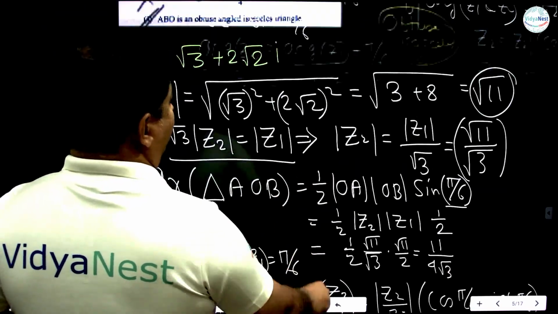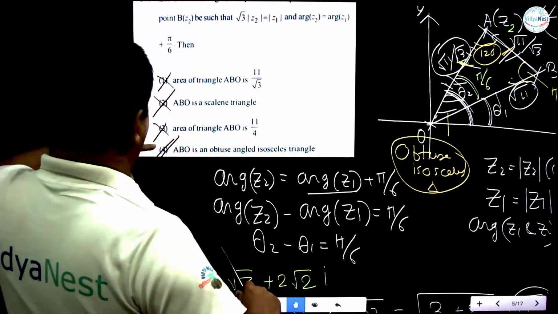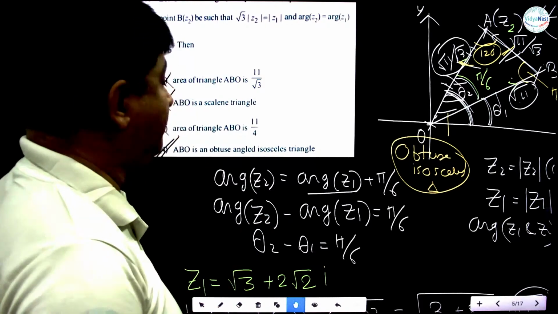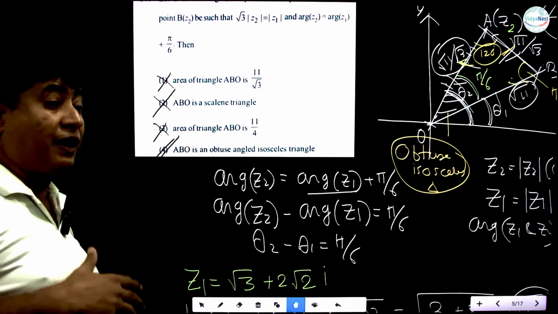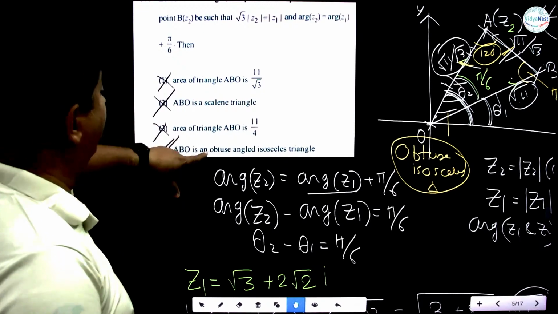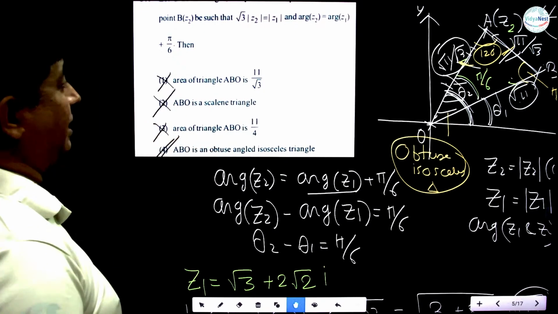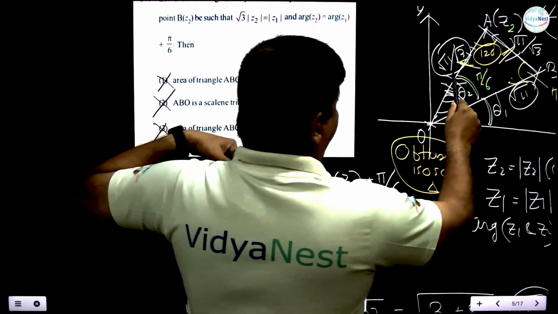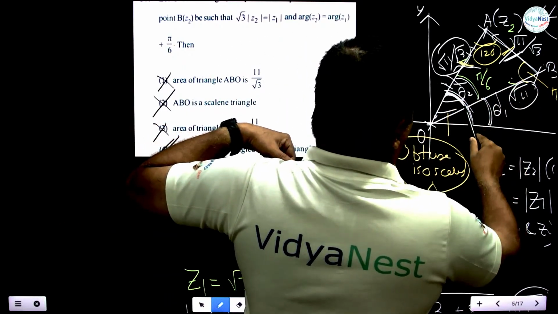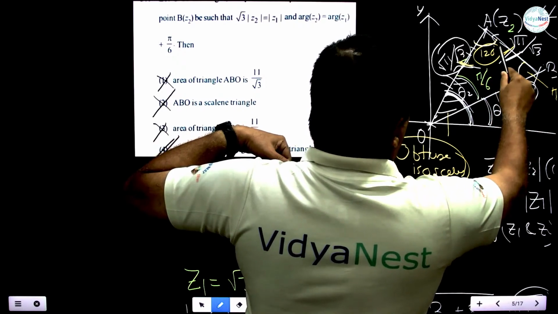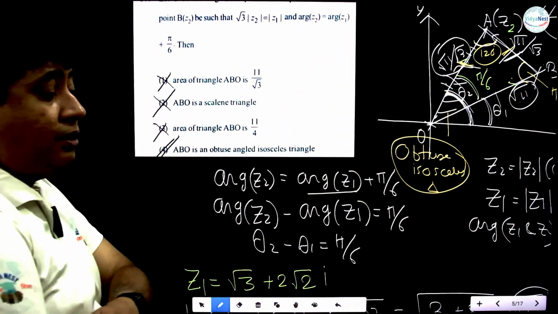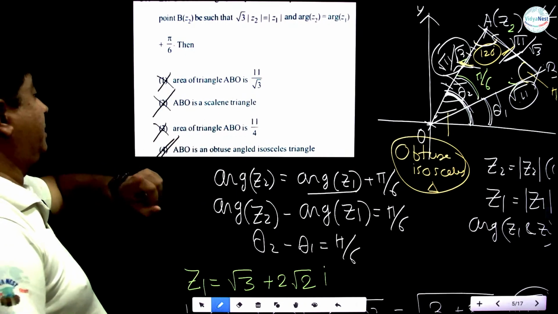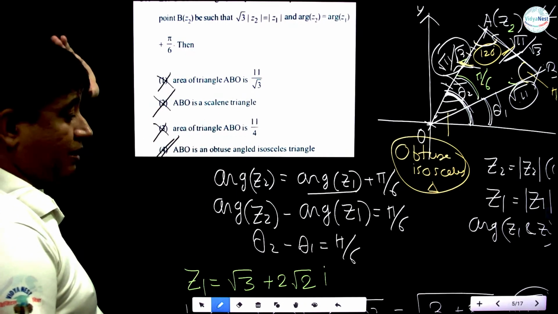Once you have got isosceles, you could have ticked the correct answer directly. But if you want to satisfy your own conscience, then why is it called an obtuse angle isosceles triangle? Because these two sides are equal. Then this is pi by 6, this is pi by 6, this is 120. That's why it is called an obtuse angle isosceles triangle. So option 2 will be discarded.